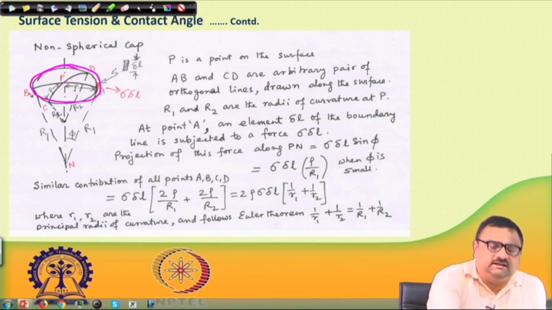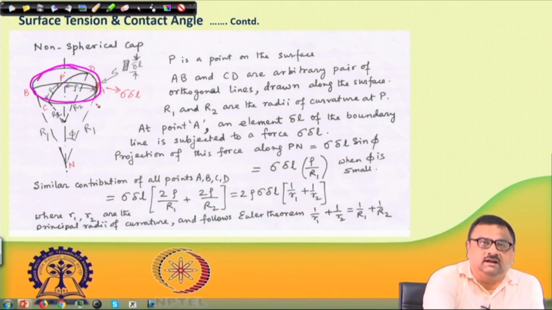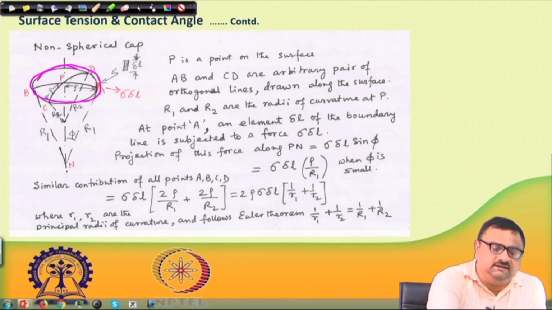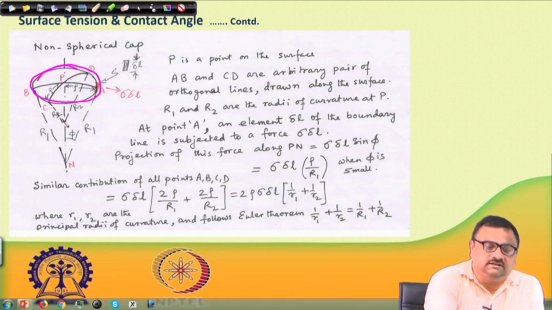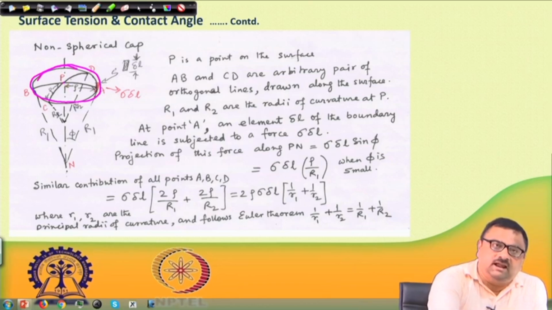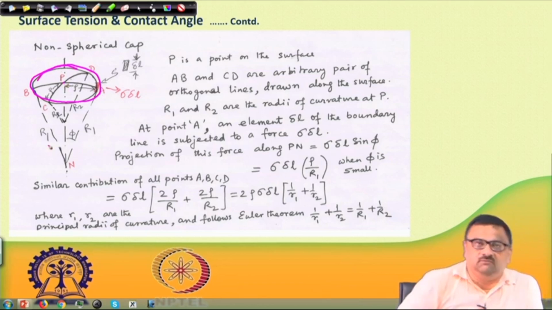So, it is basically a surface we are talking about. This surface has multiple radii of curvature. You can see if I draw CD, the radius of curvature is R2. If I draw AB at the same point P, I have a radius of curvature R1.